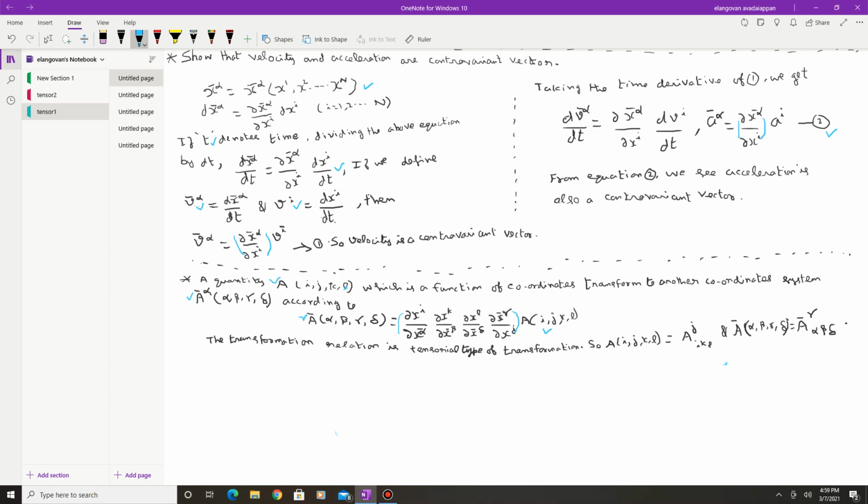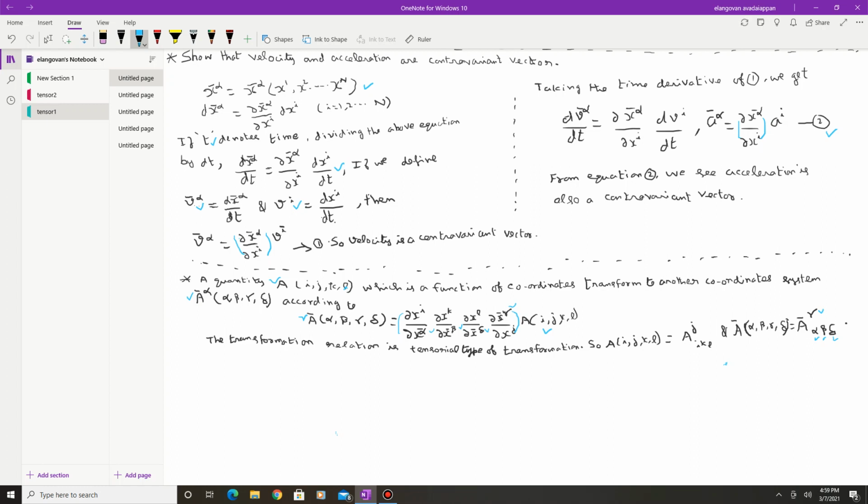According to the definition, if the barred coordinate is in the denominator, then the index must be a subscript. So here it must be alpha, beta, delta in the subscript, because alpha, beta, delta are in the denominator, and gamma is in the numerator part, so here it will be a superscript.